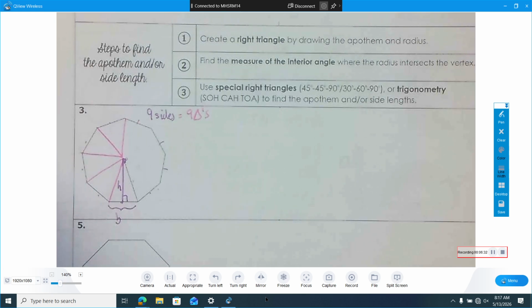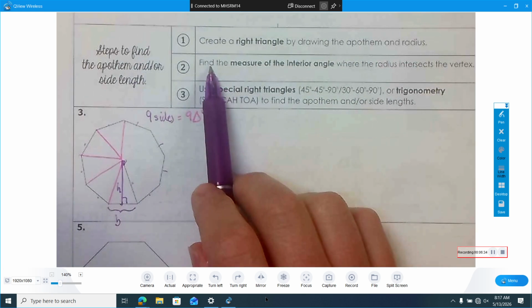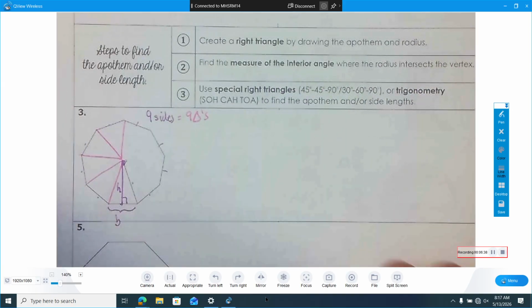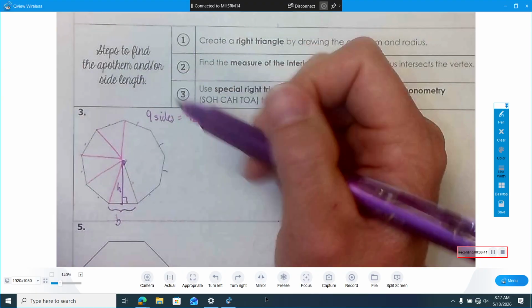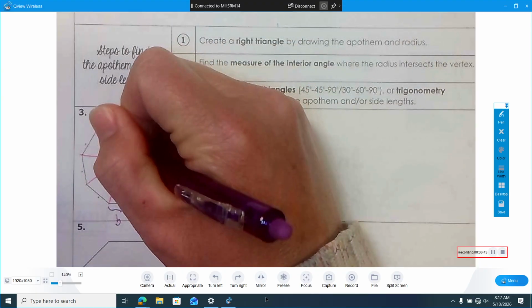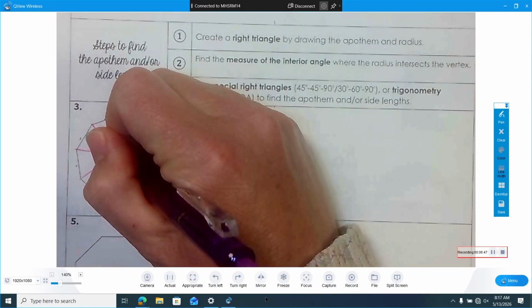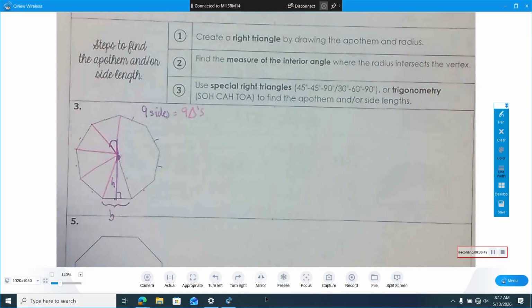Okay. Now, it says find the measure of the interior angle where the radius intersects the vertex. Let's see. There are 9 sides. What's the measure of that one angle, at the top of my triangles? How would you figure that out?